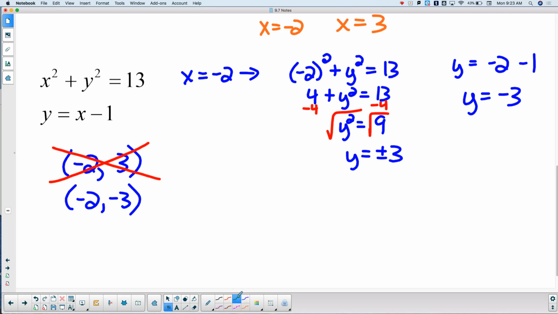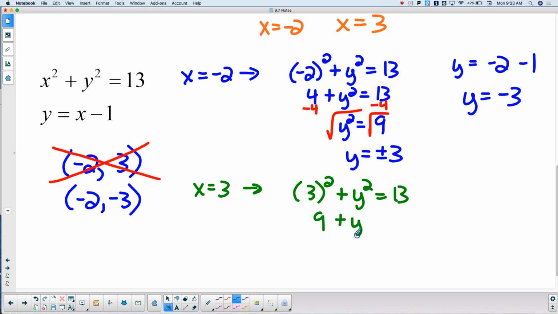Now I've got to try x equals 3 again in both equations. So this is going to be 3 squared plus y squared equals 13, which is 9 plus y squared equals 13. Subtracting 9 from both sides gives me y squared equals 4.